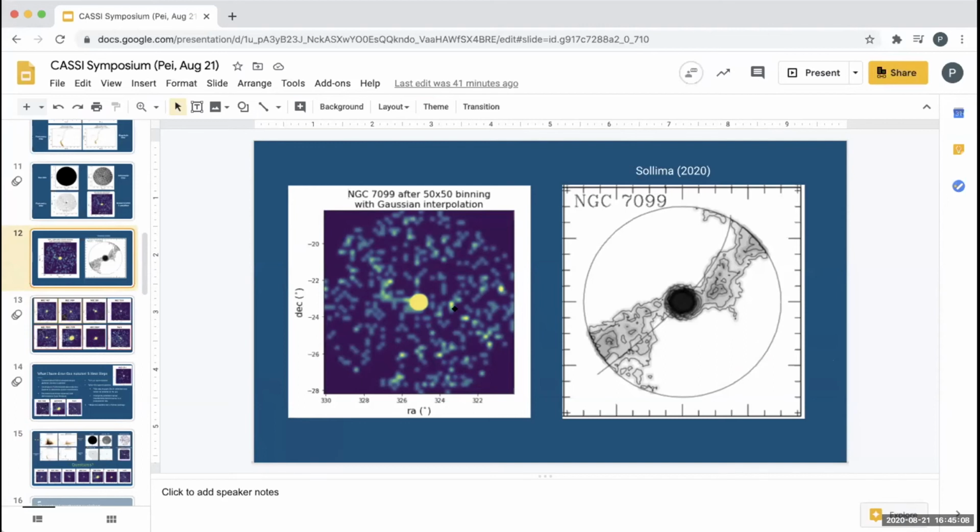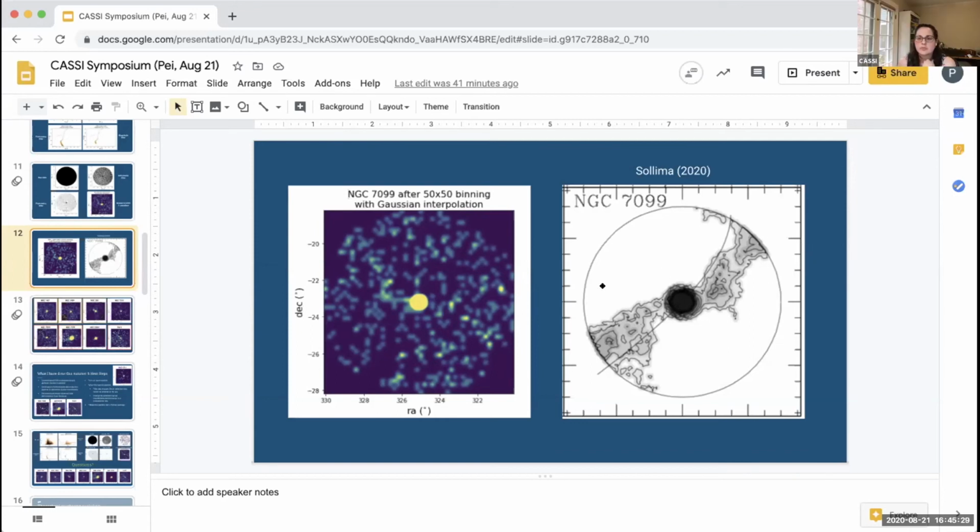It could be due to, for example, disturbances similar to what Palomar 5 had gone through, but I wouldn't have any way of knowing at this point. But that's a good question. I think those are for next step researches. Okay, thank you.